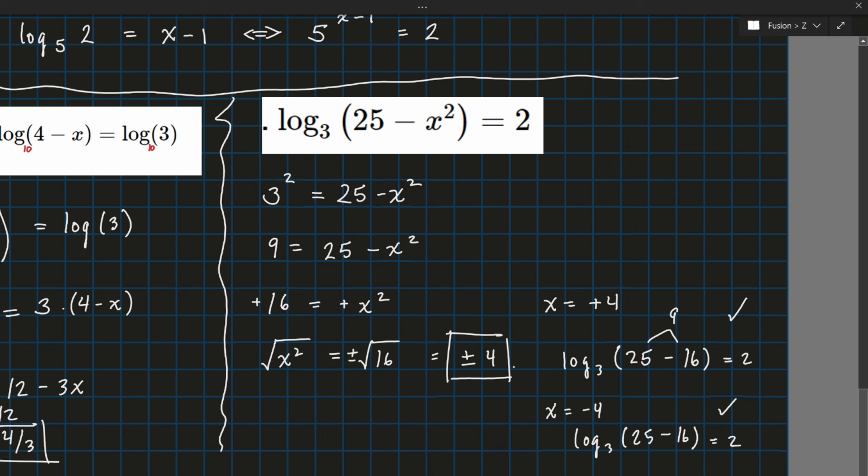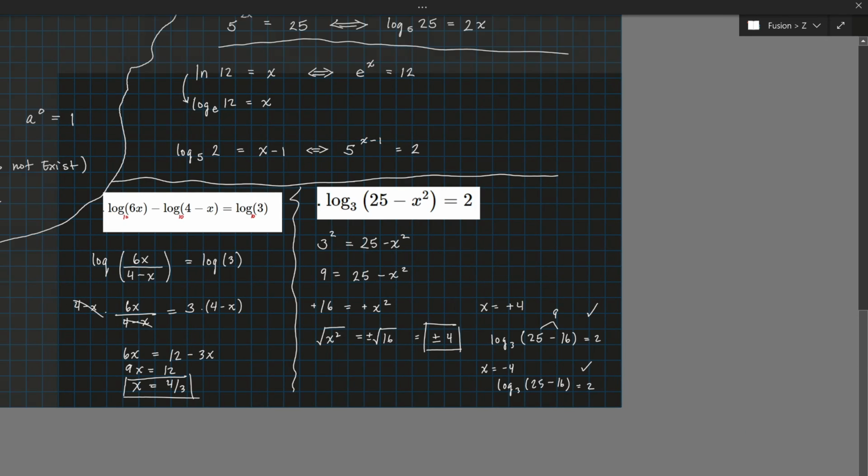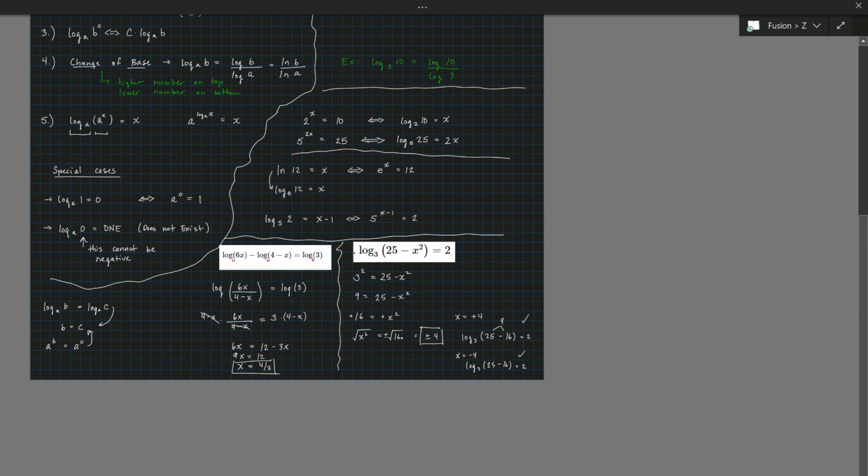But sometimes you'll have a case where, whenever you plug one of them in, the inside of the log will become negative or 0. And remember, that doesn't exist. So that's why we have to check it. All right, so that's it.